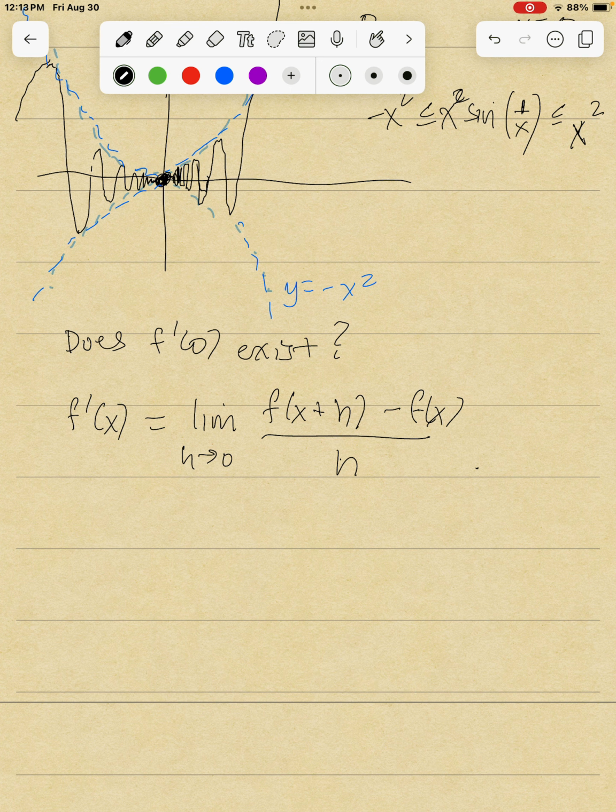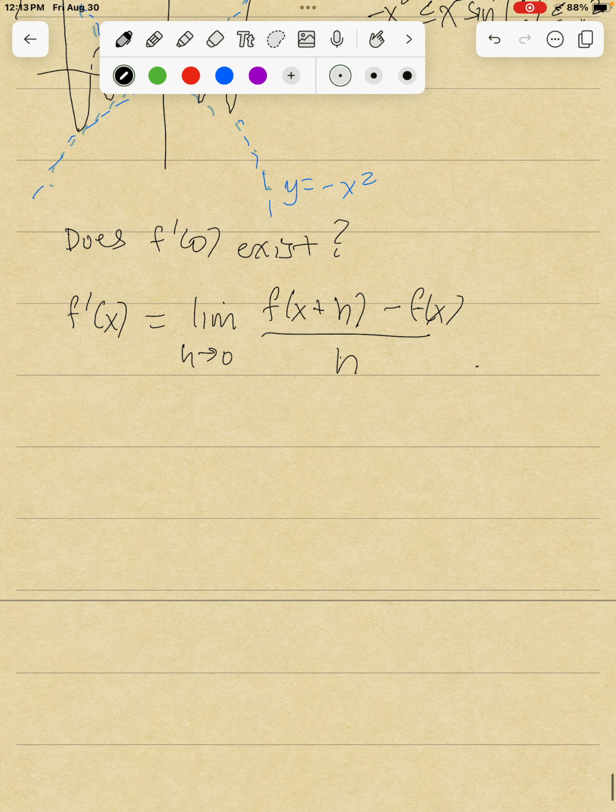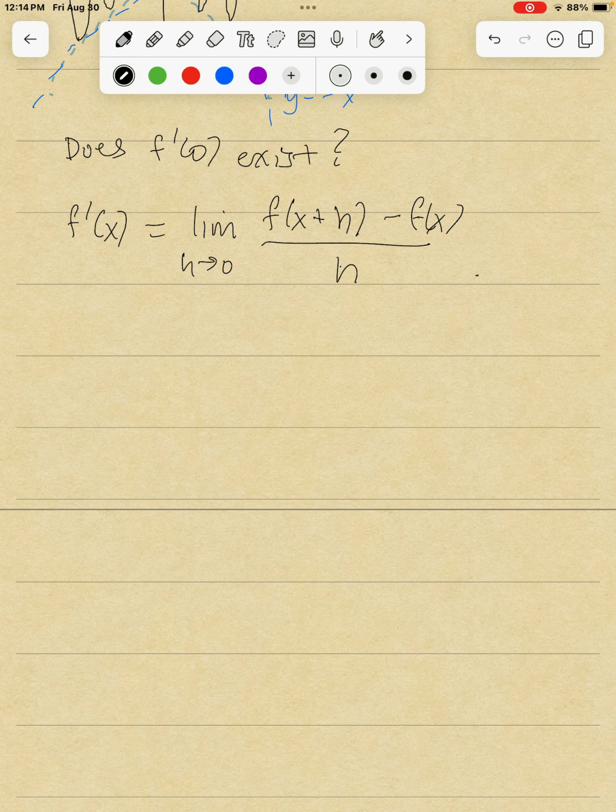The denominator h is just the horizontal distance, and so when you divide, you get the slope of the secant line, and then the limit as h goes to 0 is the slope of the tangent line. Or you can think about it as the instantaneous rate of change, right? Without the limit, that would be the average rate of change from x to x plus h of the function, and then as h goes to 0, the average rate of change approaches an instantaneous rate of change, and that's the derivative.